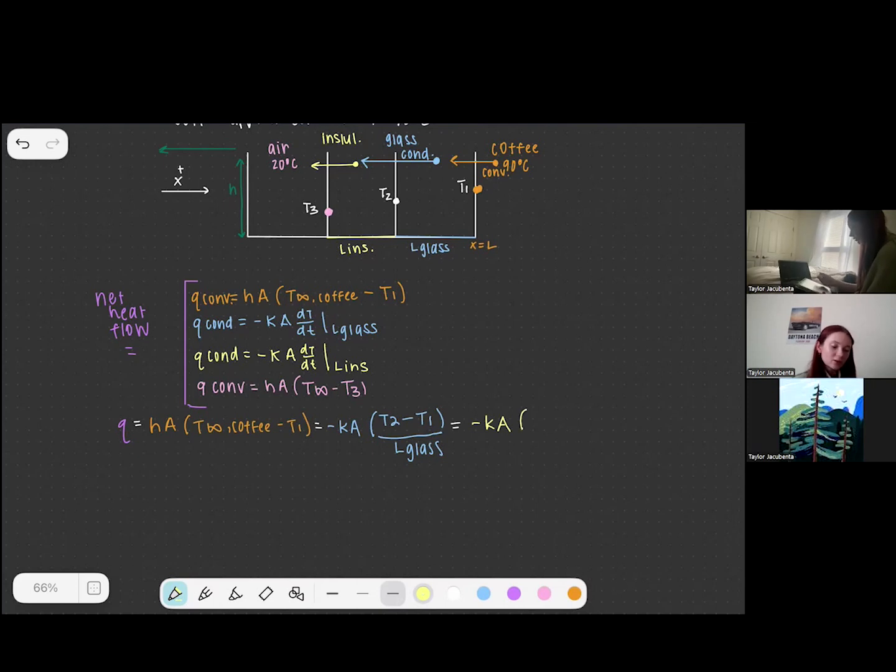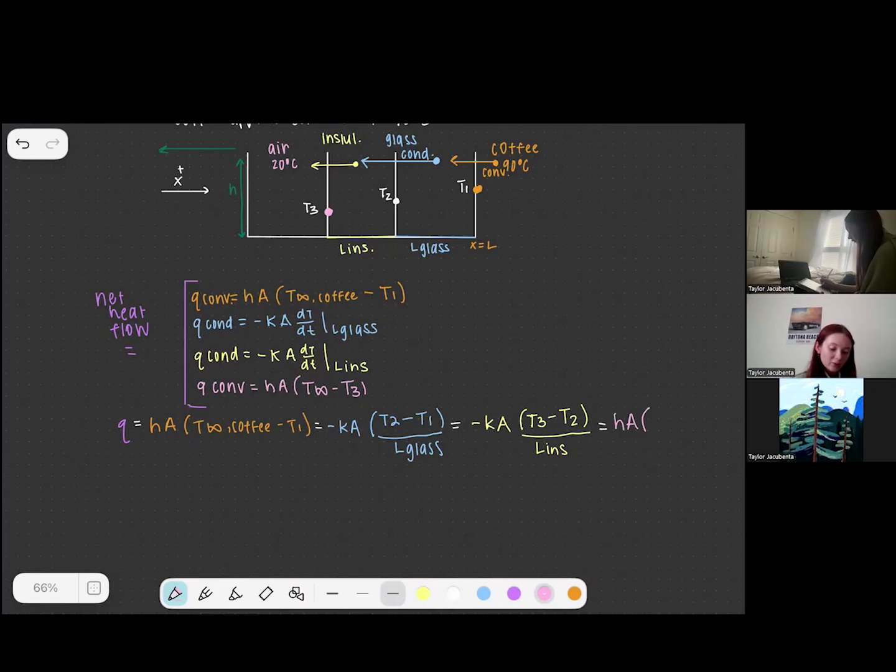We're going to do the difference once again. So this will be T3 minus T2 over the length of the insulator, which is equal to air, which is going to be the height times the area.